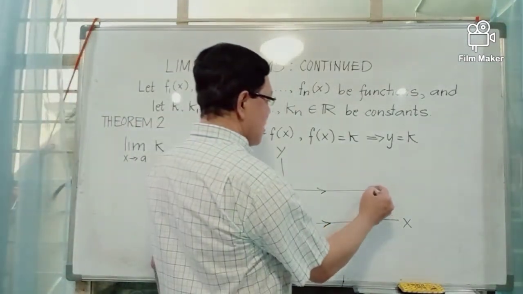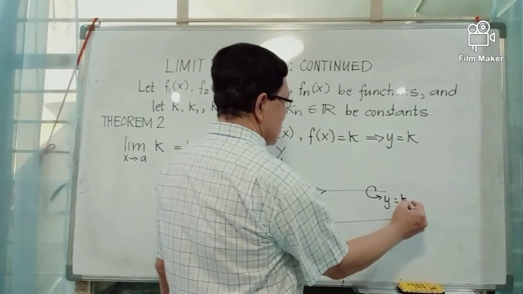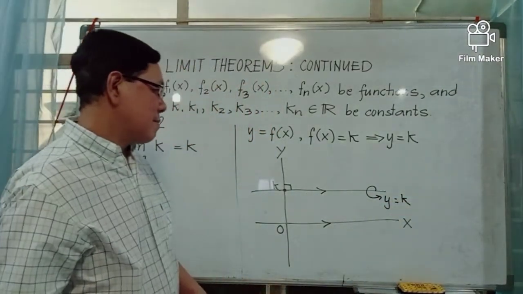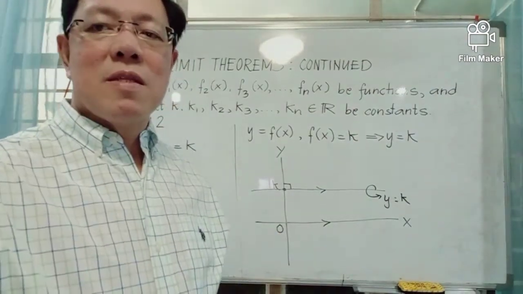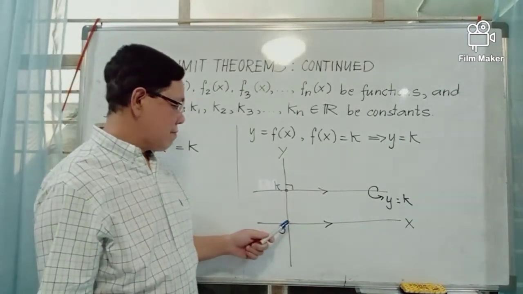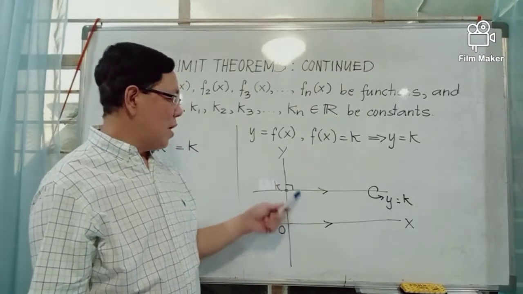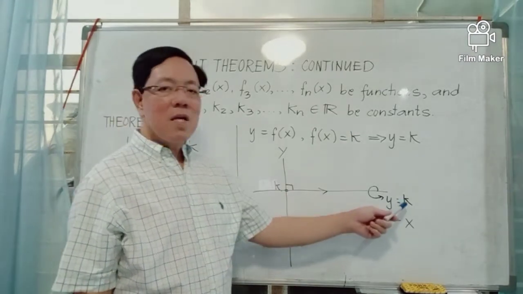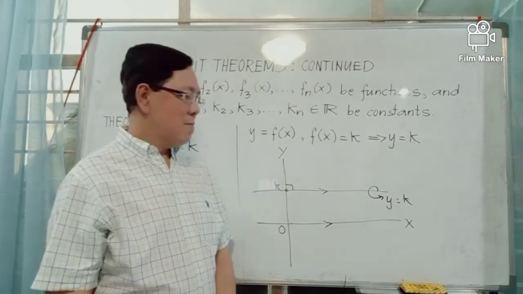This is the graph of the constant function y equals k. And you can see from the graph that for any value of x on the horizontal axis, the value of y is always k. That's why we call it constant function.